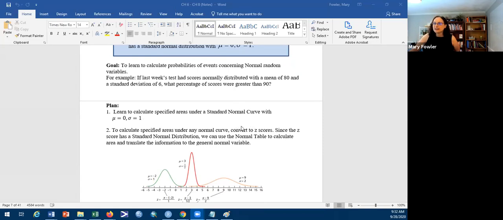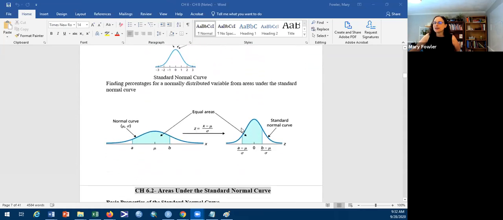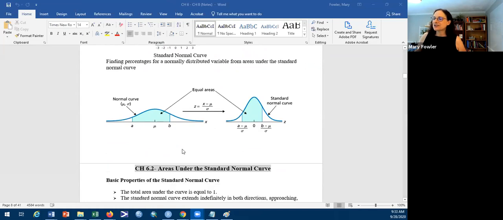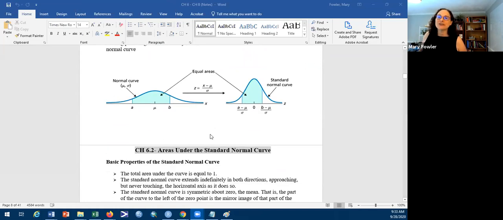And then once we have that down, we will learn to use a transformation to go from a standard normal, mean 0, standard deviation 1, and calculating probabilities on your standard normal curve. And we'll use this transformation here, z equals (x minus mu) over sigma, to get information about your general normal curve. Okay, so that transformation is in section 6.3. In section 6.2, we're going to learn all the skills of finding areas or probabilities associated with the standard normal. All right, so I will see you in the video for section 6.2.